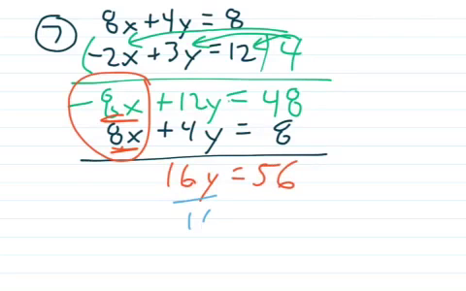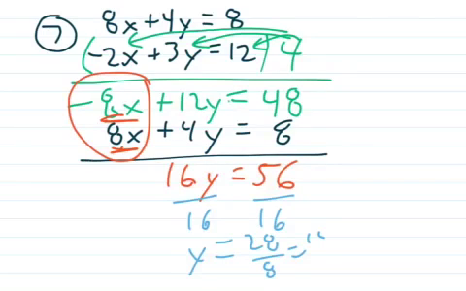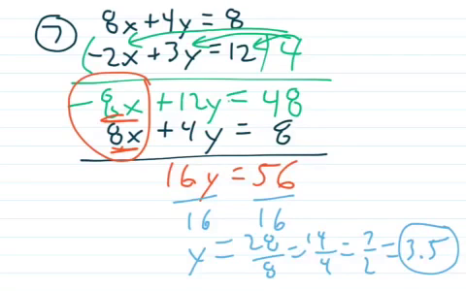I'm going to divide by 16. So y ends up being, what is that, 28 over 8, which is 14 over 4, which is 7 halves, which is 3.5. Whew! Finally got the right answer. So y is 3.5.